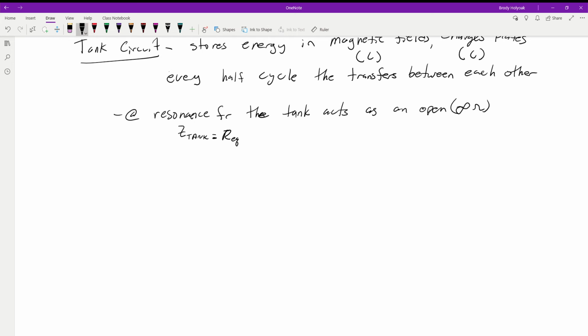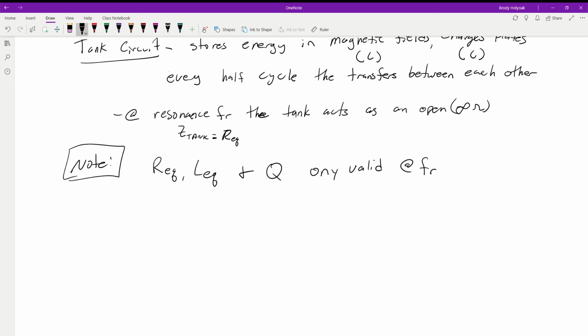So one of the things to note, and this is very important, is that our REQ, our LEQ, and our Q point are only valid when we're at our resonant frequency.